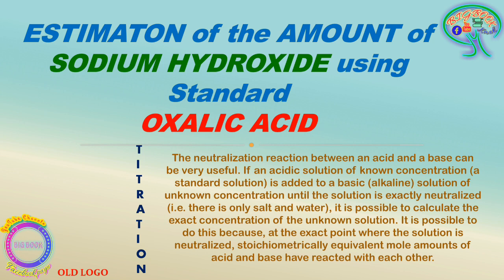So this is the explanation. We are going to discuss the same thing with the help of the slides, but with respect to the topic, that is the estimation of the amount of sodium hydroxide using standard oxalic acid.